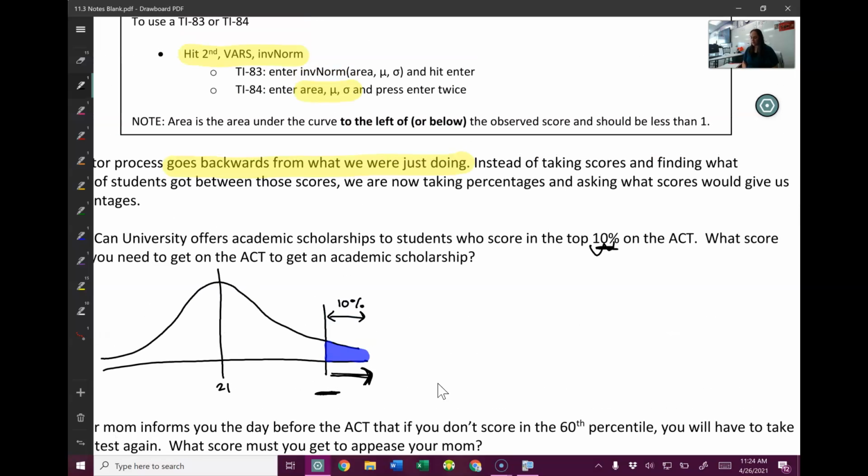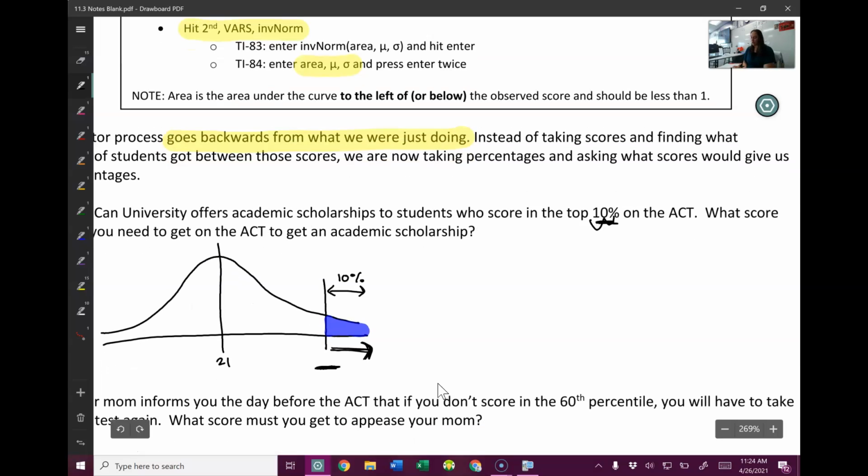Our inverse norm function, when you type this into your calculator, it's going to ask you for at least 3 things. At the very least, your calculator is going to ask for these. Mean and standard deviation is not going to change.